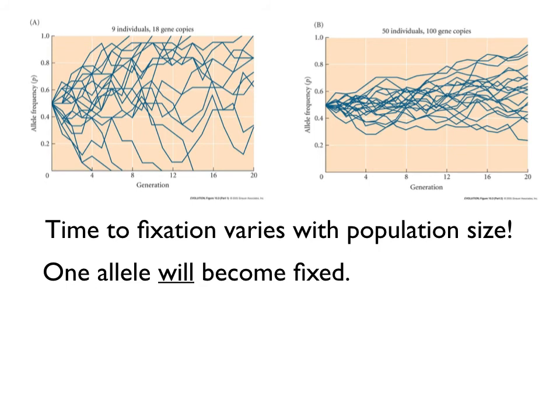You can see on the graph on the right that each of those lines is either kind of trending up or trending down, and that will give you some idea of the probability of it reaching a frequency of 1 or 0. But it's going to happen much more slowly in a population with 50 individuals than with 9. And this is why conservation measures are implemented to protect species that have very low numbers.